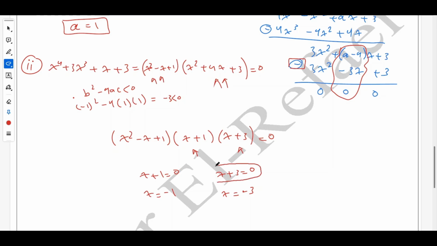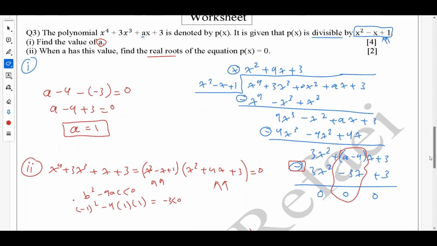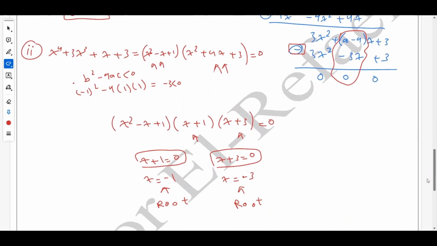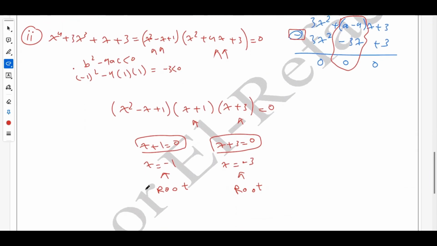This is a factor, this is a factor, this is a root, and this is a root. The question is not talking about factors, it talks about the real roots. So the first root is x equals negative 1 and the second root is x equals negative 3.